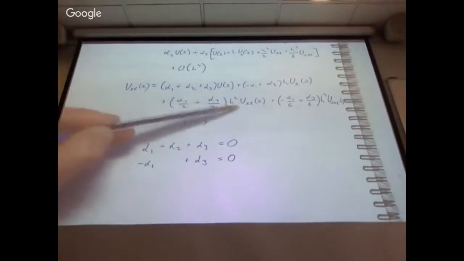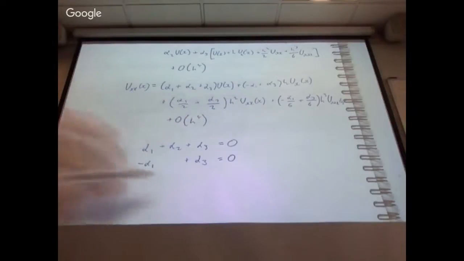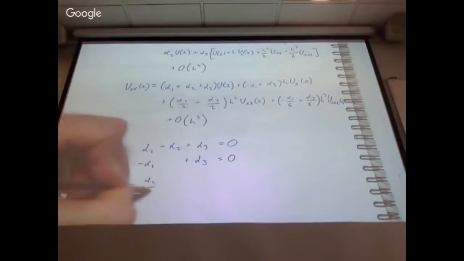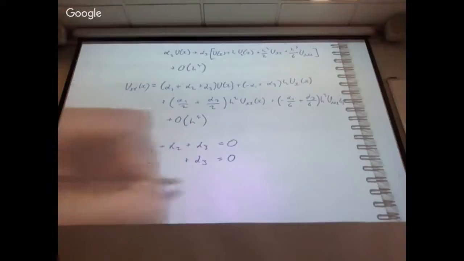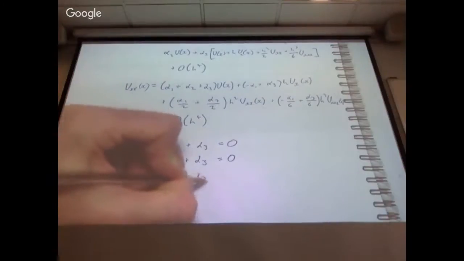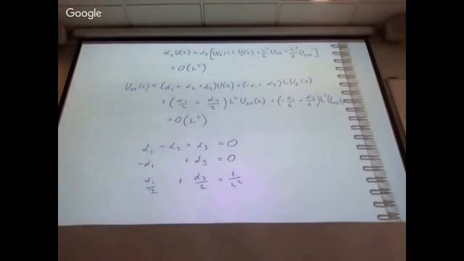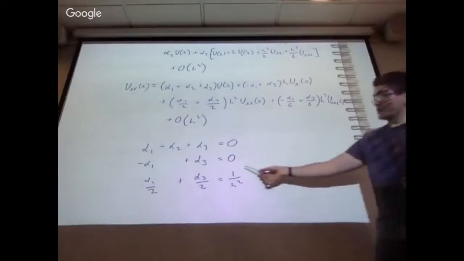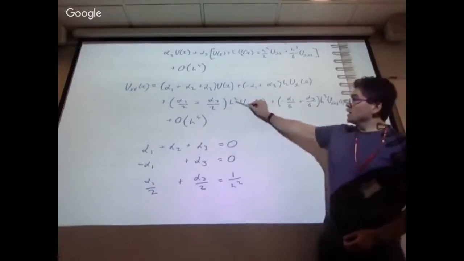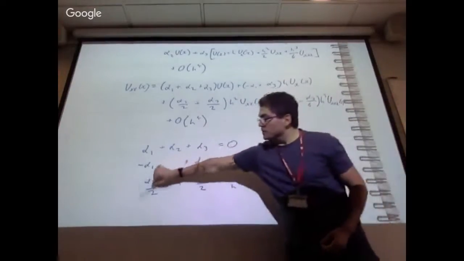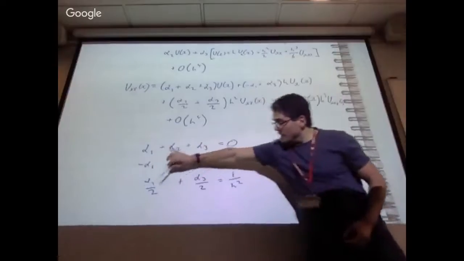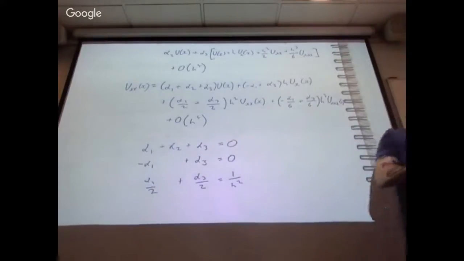So I want all of this just to be equal to 1. Well, why is it 1 over h squared? If I've got h squared there, imagine h squared was the coefficient over here, divided throughout by h squared.